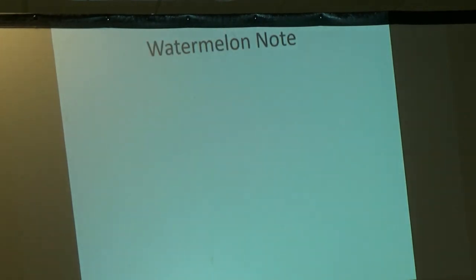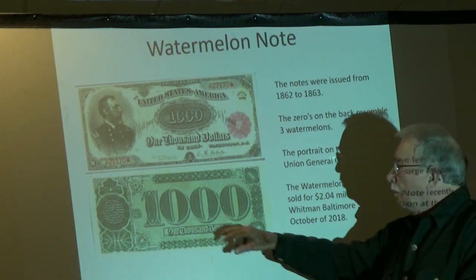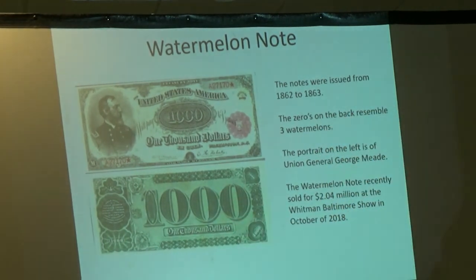Watermelon note. What I found very interesting, this note actually went up for sale in Baltimore this past October. And there's only a couple of these known. What the watermelon note represents is, on the back you can see the 3 zeros look like watermelons.